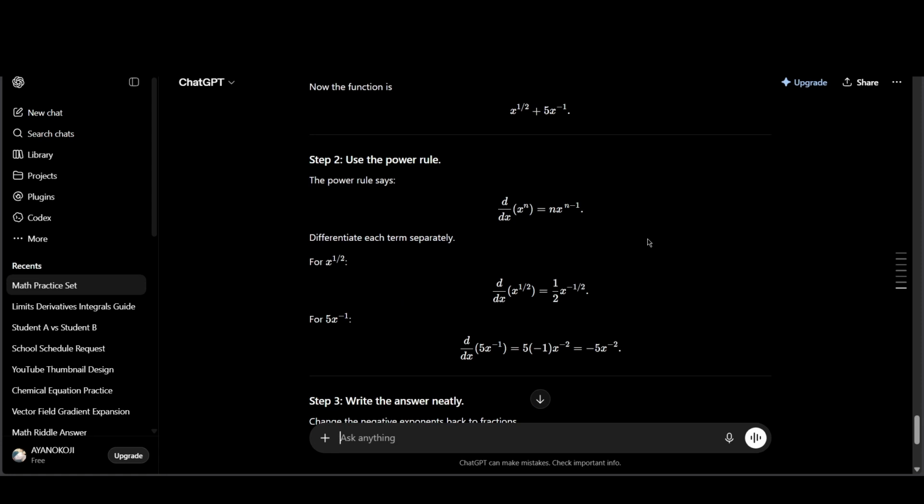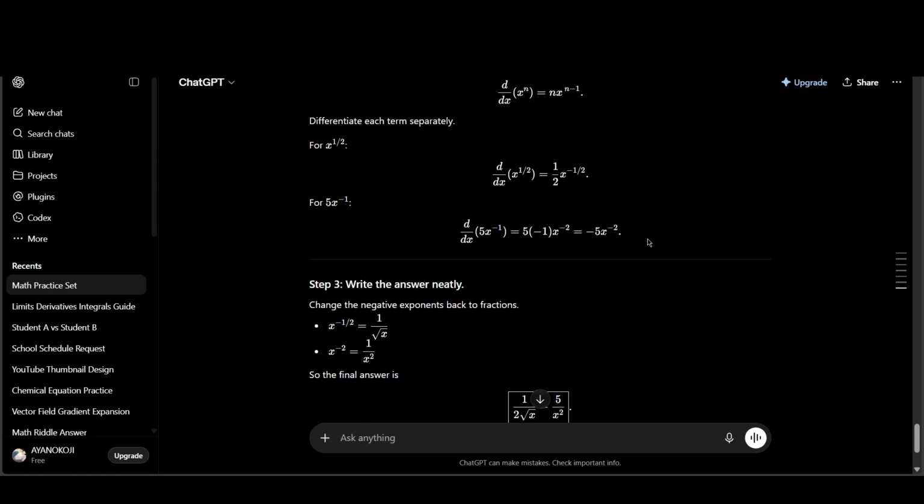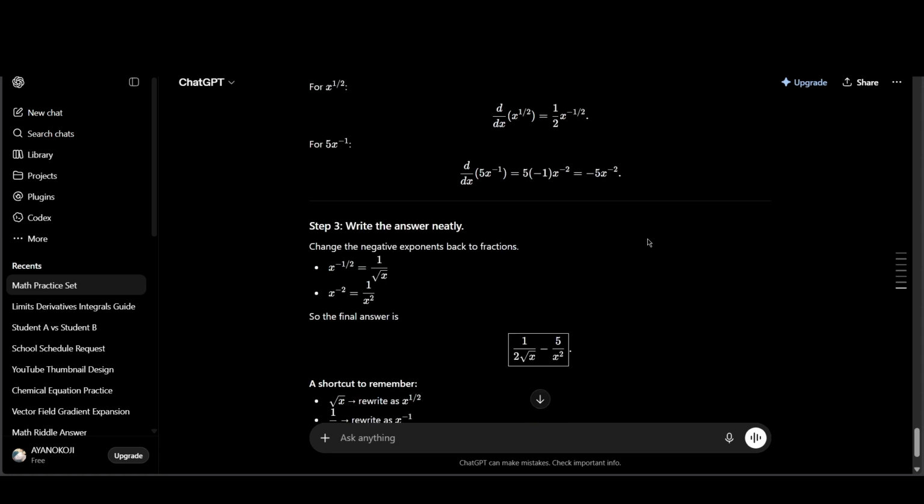So basically just the power rule as usual. But why do you have to change the negative exponents back to fractions?